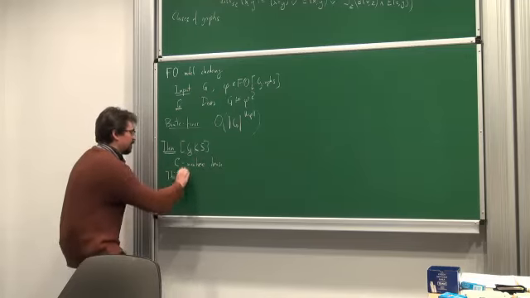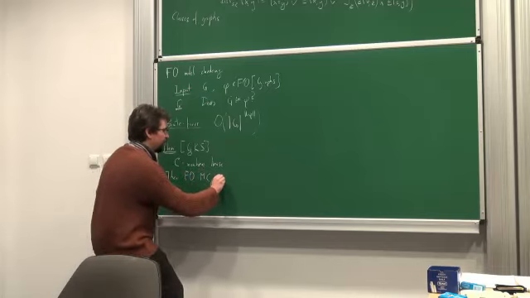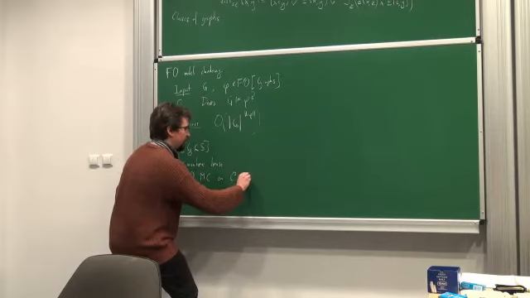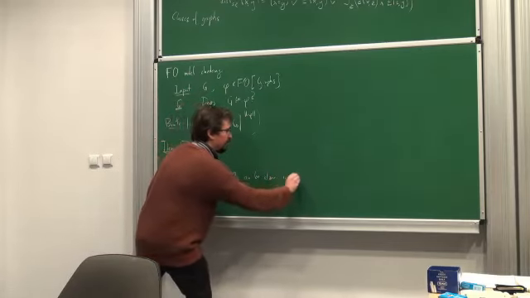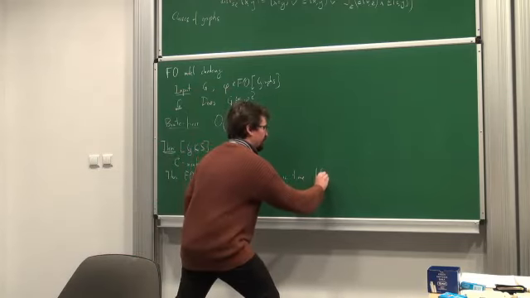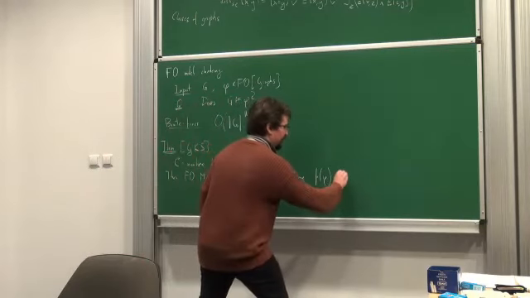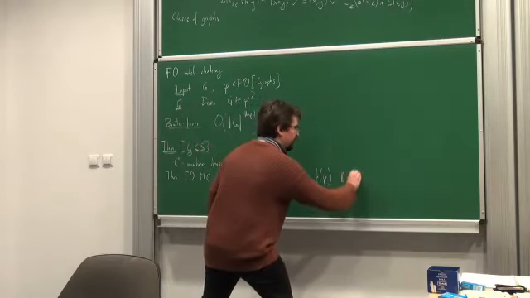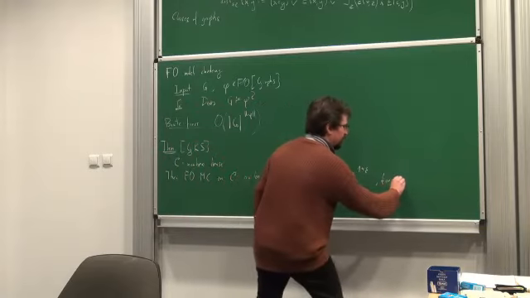Then first order model checking on C can be done in time some function of the formula, of the sentence, times the size of the graph to the power 1 plus epsilon, for any fixed epsilon.